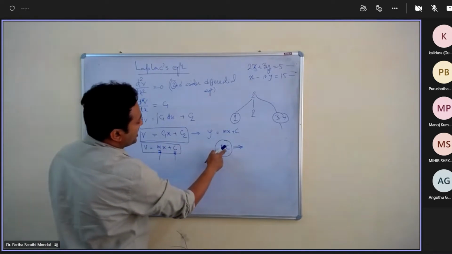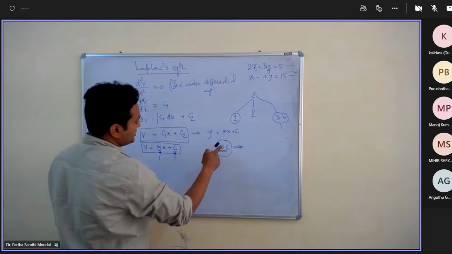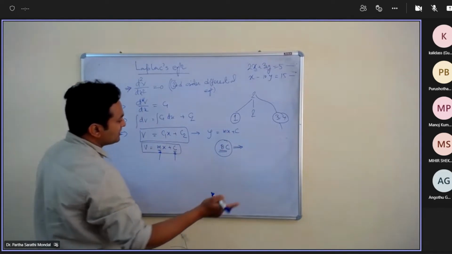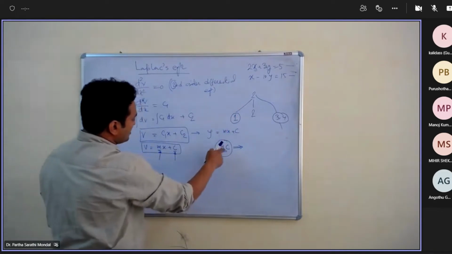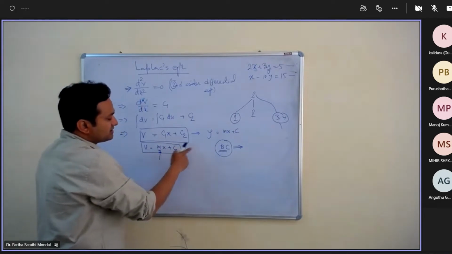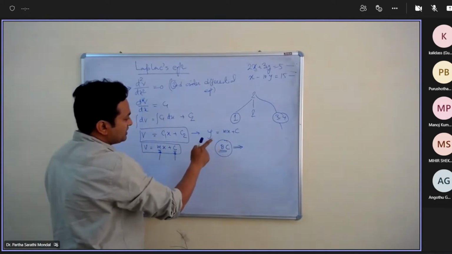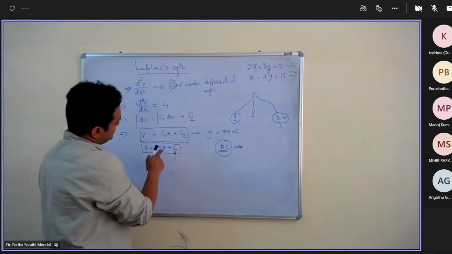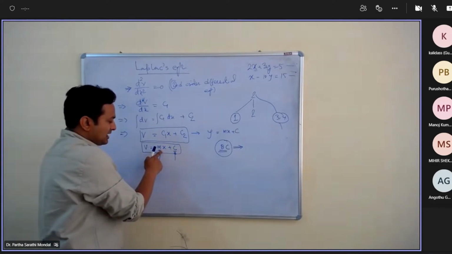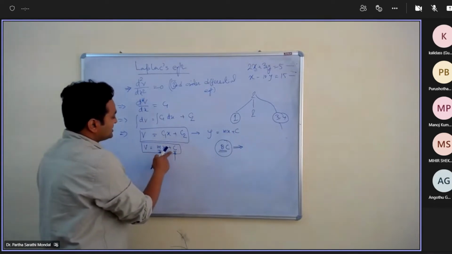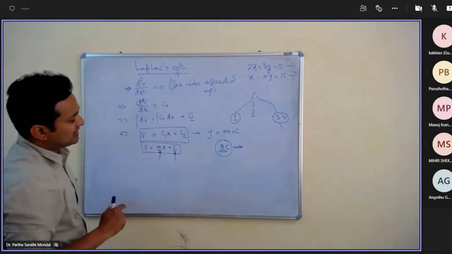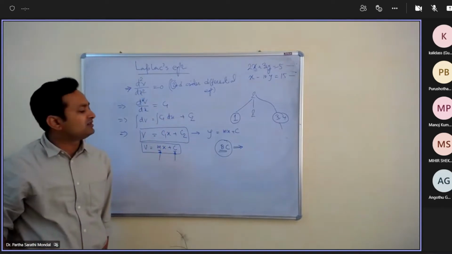So we have to provide some boundary conditions which are actually equations, and the number of boundary conditions will be equal to the number of arbitrary constants derived from the Laplace equation. Otherwise, we won't get the unique solution.